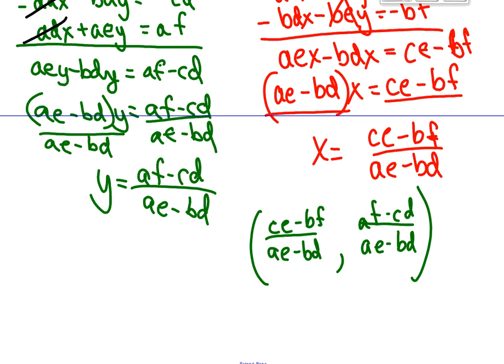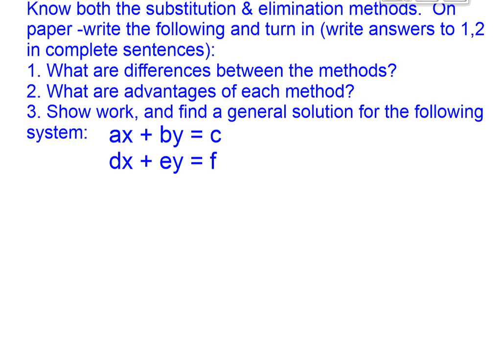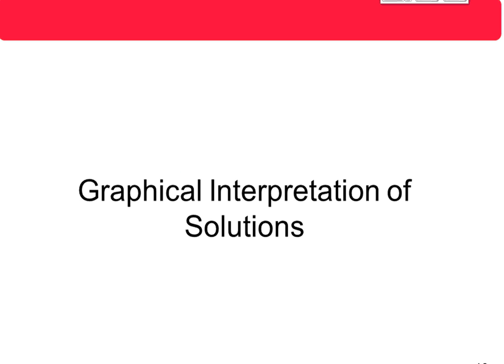And we want to kind of start in our lives thinking about the interconnectedness. Do you know what I mean? Of like, really, when you do a bunch of these solving systems, you're doing the same thing all the time, aren't you? So the thing that I'm going to leave us with right now is graphical interpretation of solutions.